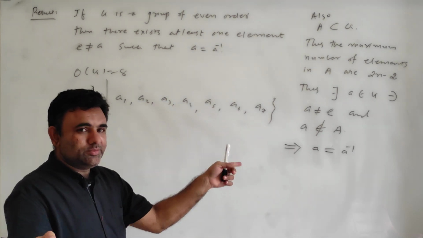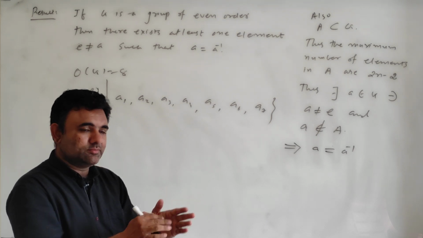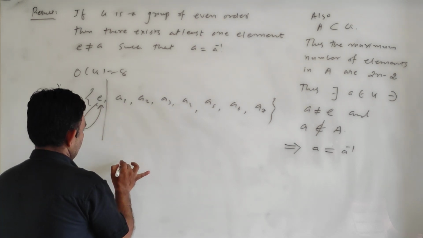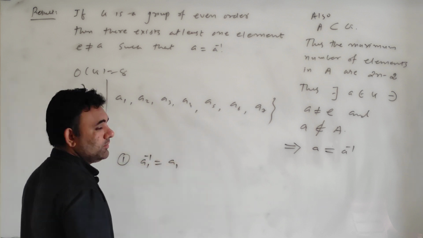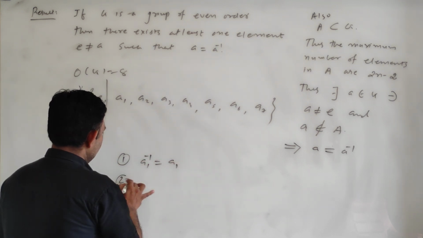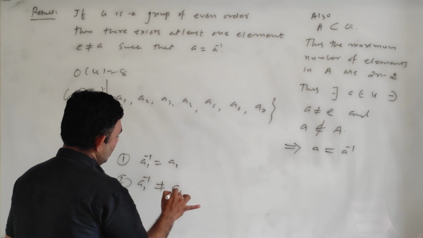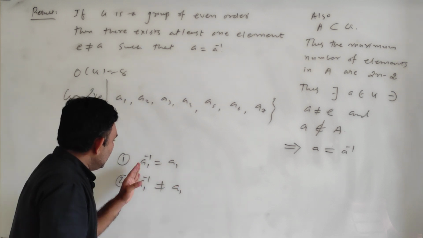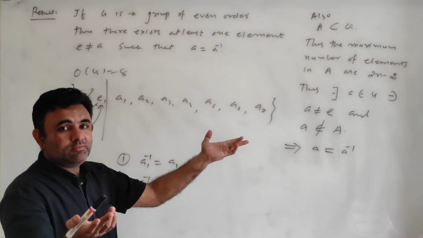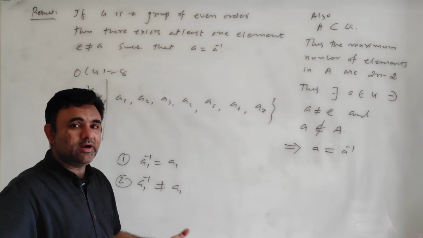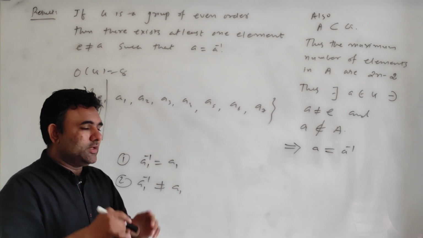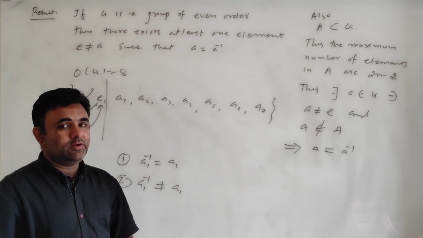So there are two possibilities: a1 inverse is a1, or a1 inverse is not equal to a1. If a1 inverse is equal to a1, then we are done. We get one element a1 which is other than identity, whose inverse is itself. So I assume that a1 inverse is not a1.